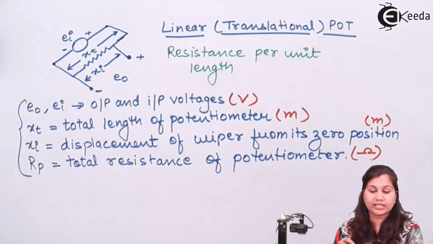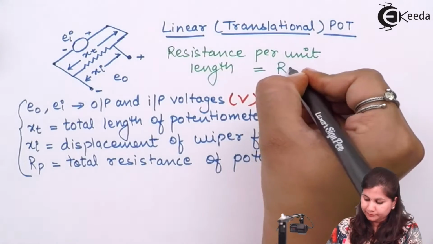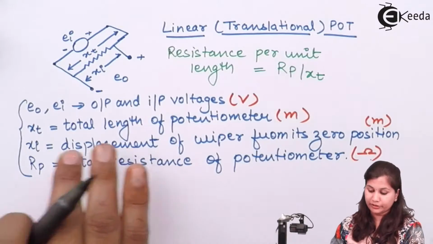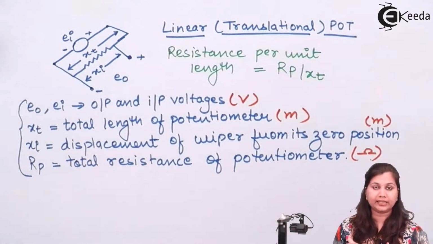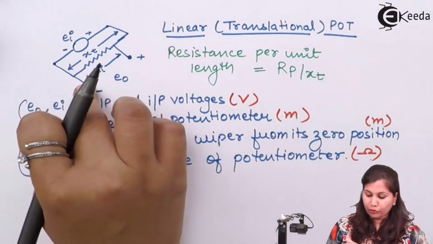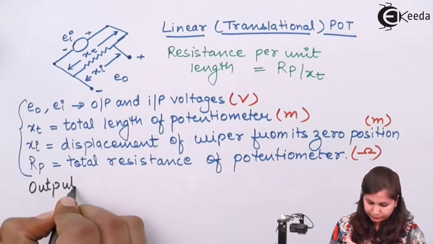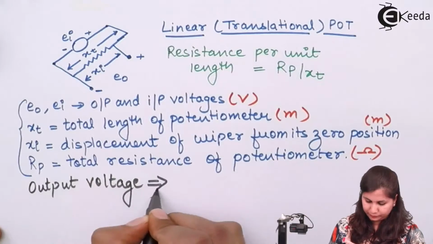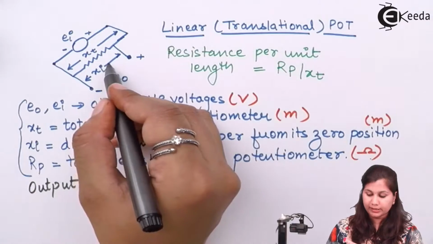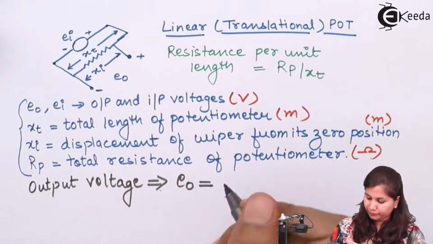So the resistance per unit length will be Rp divided by xt, because we have assumed that the distribution of the resistance is linear across the total length. Now the output voltage under these conditions will be E naught equals the resistance at the output terminals divided by the resistance at the input terminals, multiplied by the input voltage.